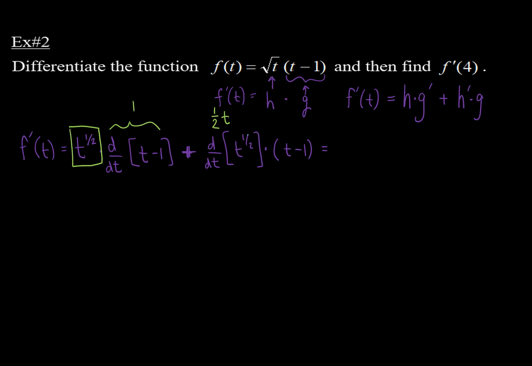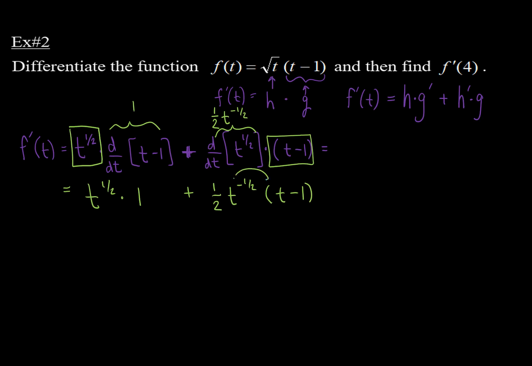So I'm going to have 1/2 minus 2/2. So this is going to be 1/2 t to the negative 1/2. That's that derivative. And this one here just is as is. This is the t minus 1. So here I'm going to get t to the 1/2 times 1 plus 1/2 times t to the negative 1/2 times t minus 1.